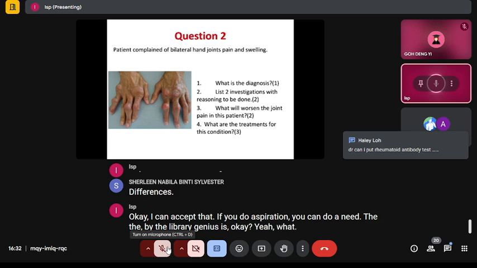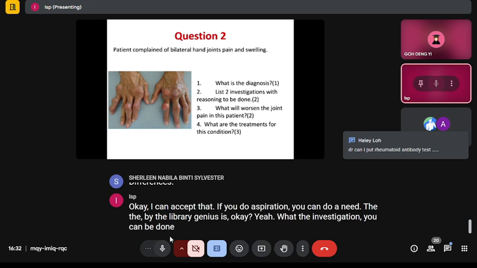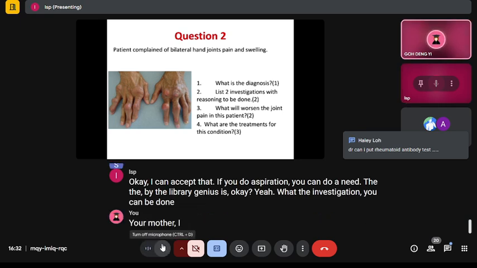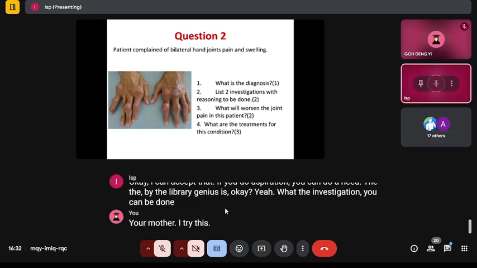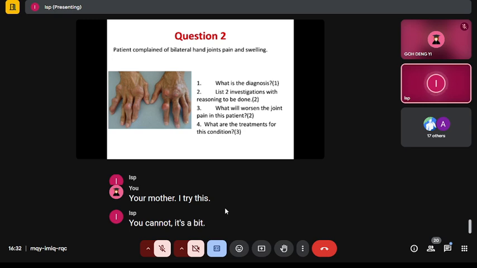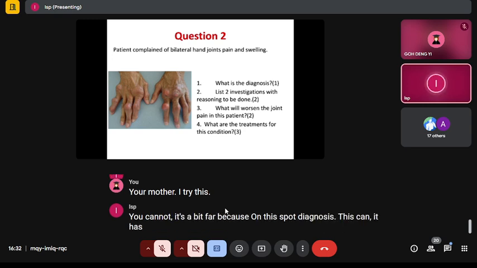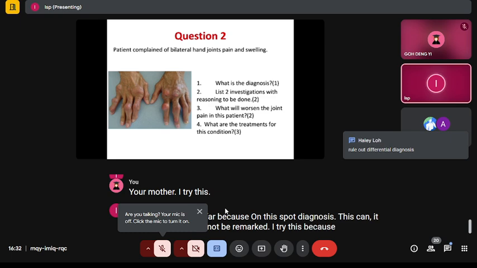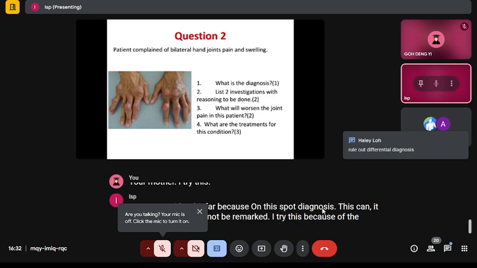What other investigation can be done? You cannot, it's a bit far, because from this spot diagnosis, it has to be gout. It cannot be rheumatoid arthritis because of the features of the tophi.